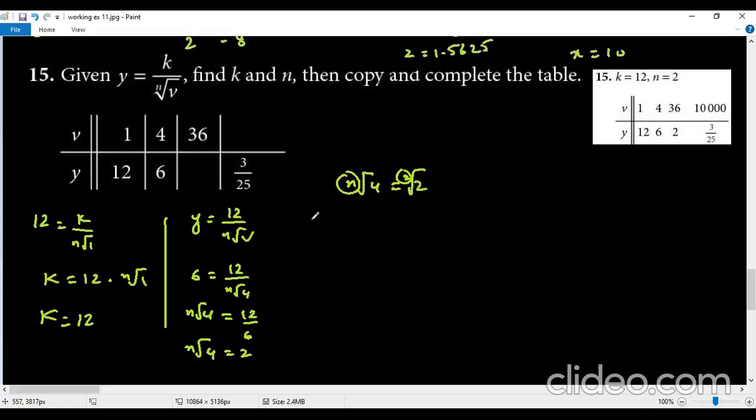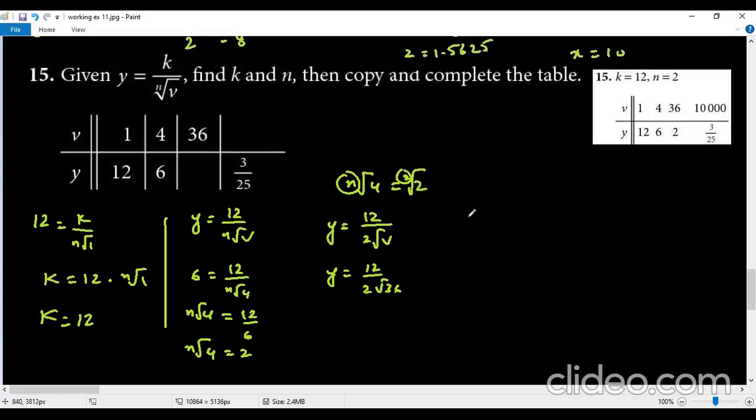Same formula we'll use to find out the value of y when v is 36. So y equals 12, which is the value of k, and in place of n, I'm going to write a 2, and radical 36.